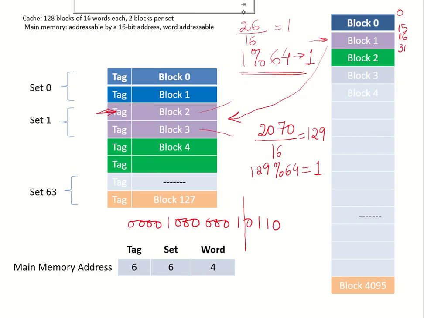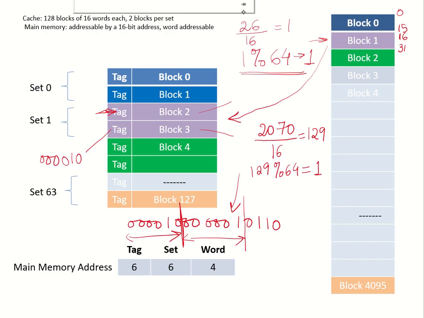The next 6 bits will decide the set, and as you can see again, this is referring to set 1. The high order bits will be stored as tag. So this will be 000010.